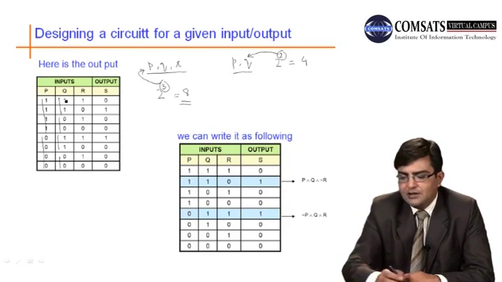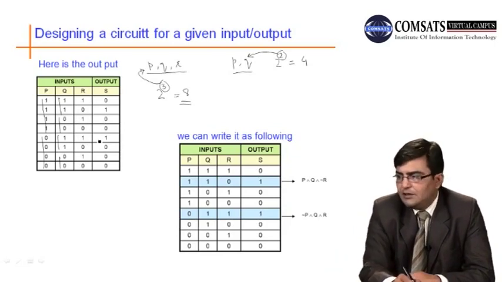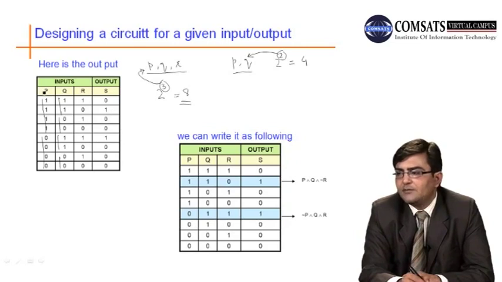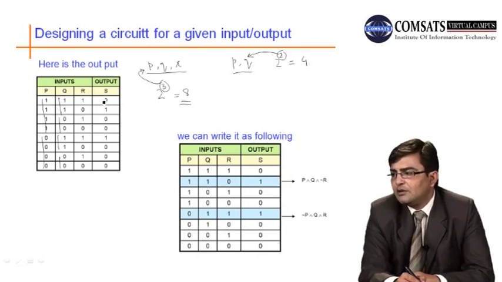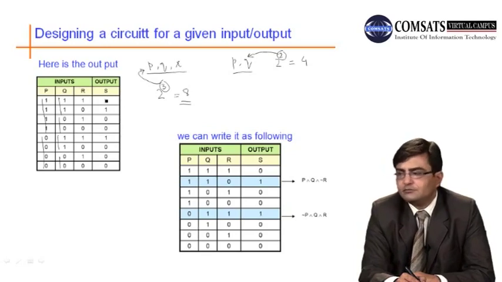So if we have 3 propositions PQR, what will be the output? There are 8 possibilities of inputs for PQR. If PQR are all 1, then the output is 0 here.